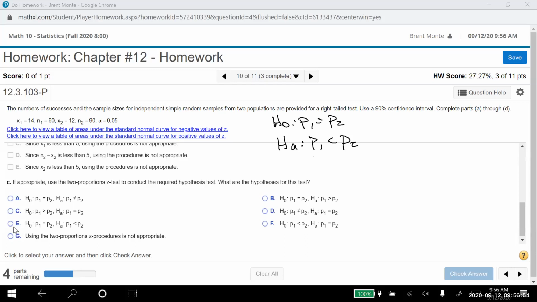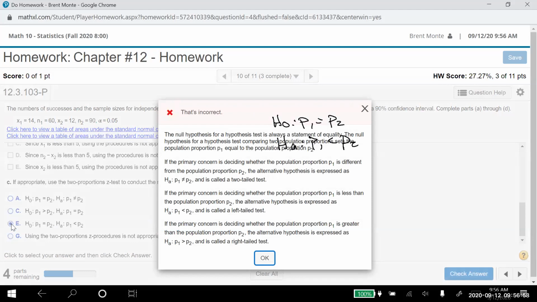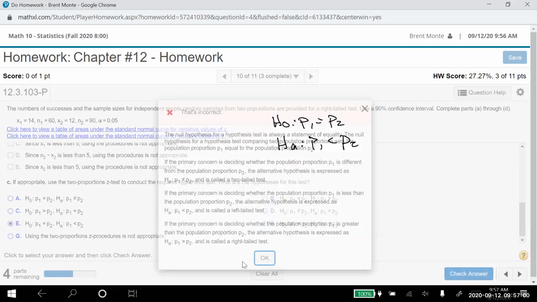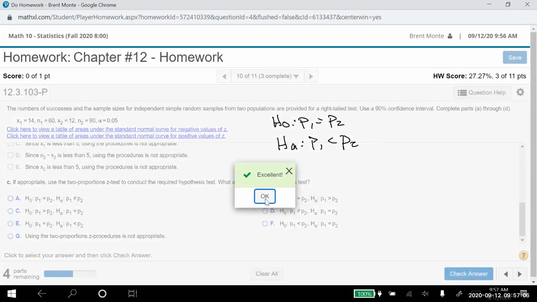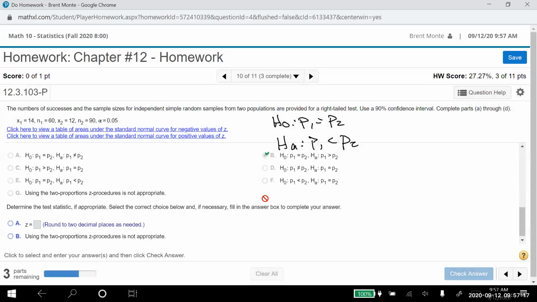So let's see. Did I flip that around? Let's go this way. So what they're saying here, and I'll flip that around again. What they're saying is, since it's a right-tailed test, they did want to set that as a greater than, even though with our sample proportions, it was the other way.